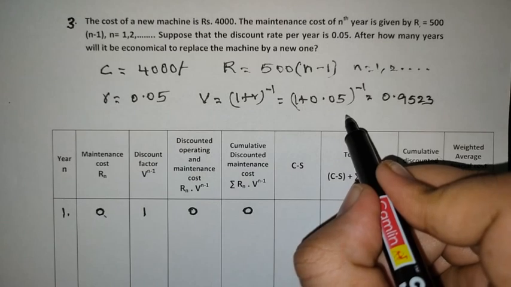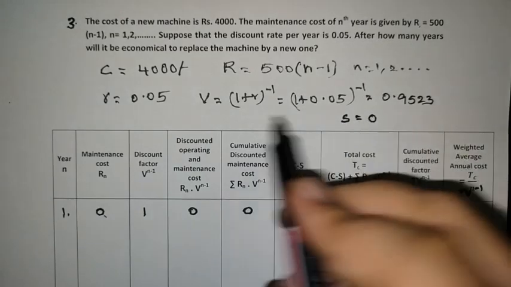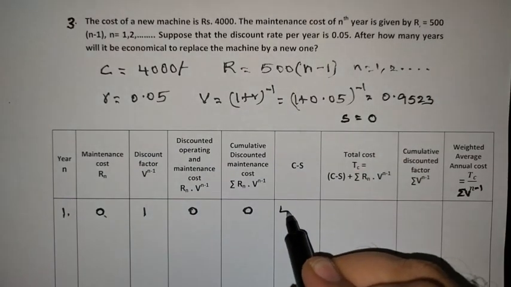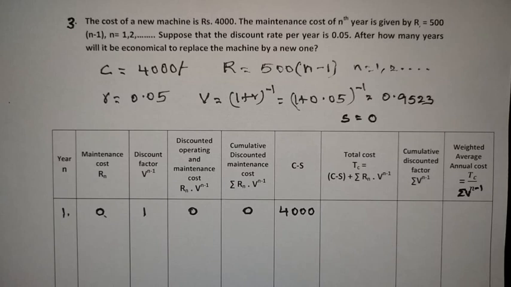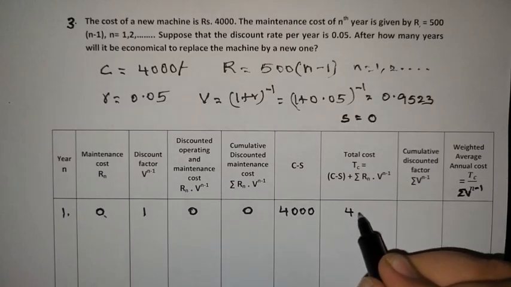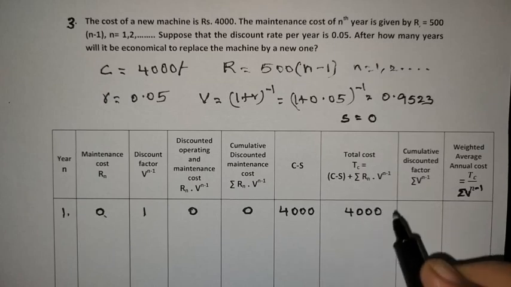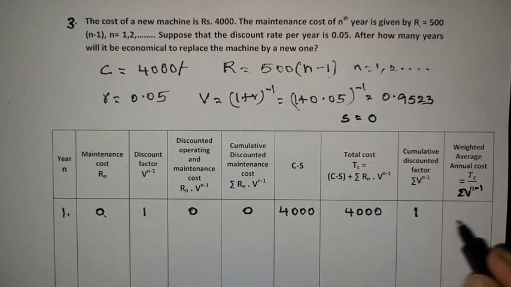No scrap value is given, so S equals 0. So C minus S is 4,000. Total cost is 4,000 plus 0, so you get 4,000. Sigma V power n minus 1 is 1, and 4,000 by 1 gives 4,000.